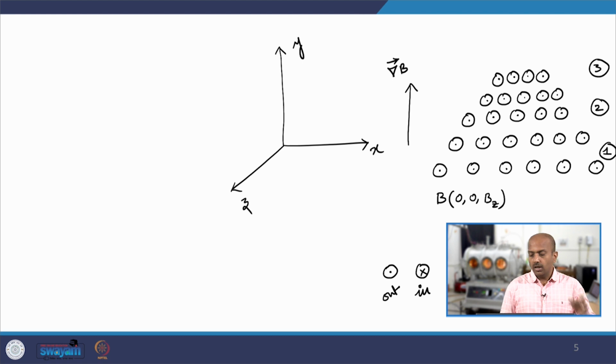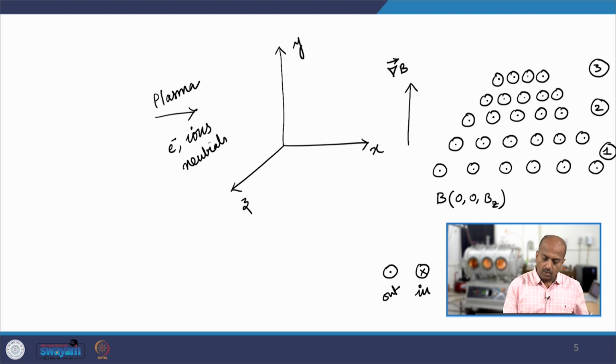So, this is the situation, and if now plasma comes and experiences this magnetic field, plasma which is assumed to be made up of electrons, ions, neutrals, but neutrals will not experience any effect when they see a magnetic field. Now, we have to understand how this magnetic field can influence the motion of electrons and ions.